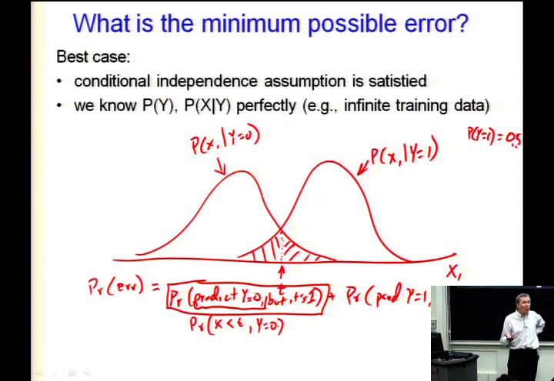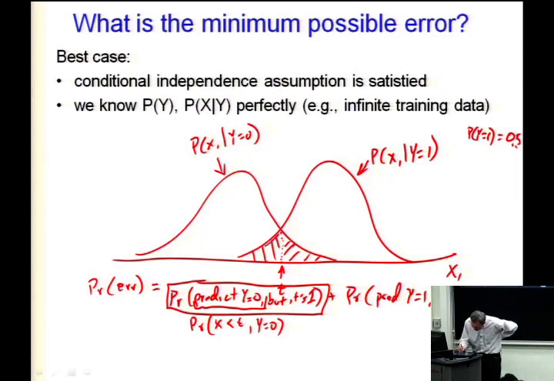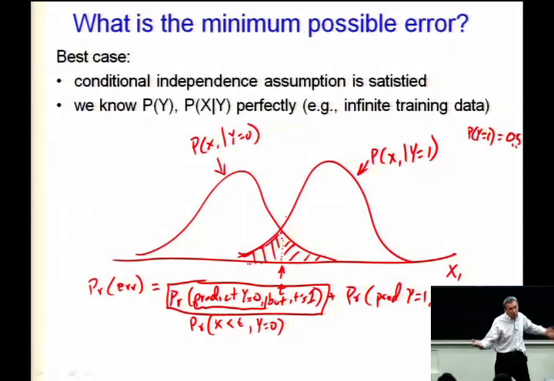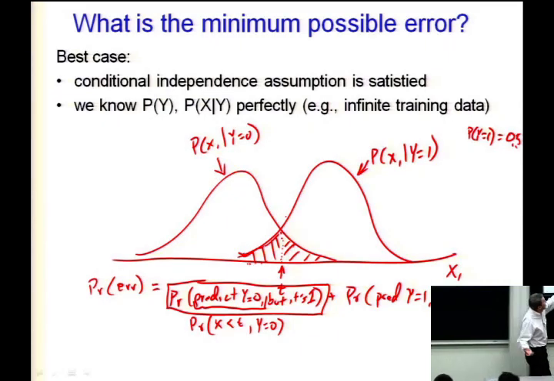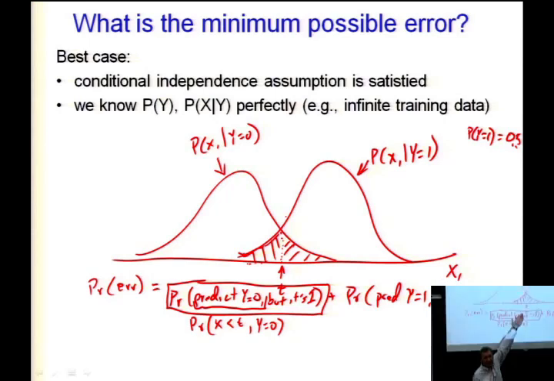And what's that? Now we can bring in our integrals, right? That is just this area. For every x that's in here, we're obviously going to want to predict y equals 0, because it's more probable that an x over here, a person of this height, is probably not a basketball player.